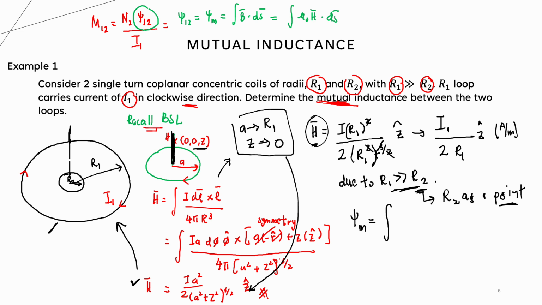So in order to get the value of flux, it's going to be mu naught, H1, the value of H that we calculated earlier, I1 over 2R1 in the Z direction. Our dS should also be in the Z direction, so it's going to be r dr dphi in the Z direction. Let's proceed with the calculation.